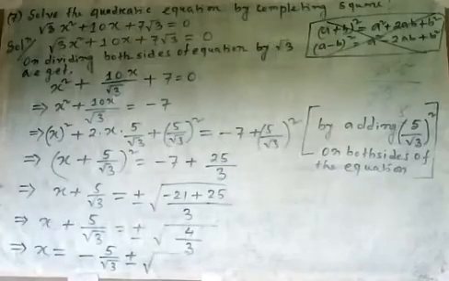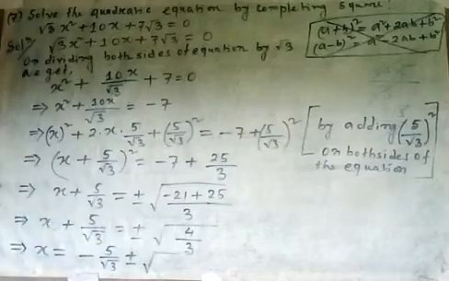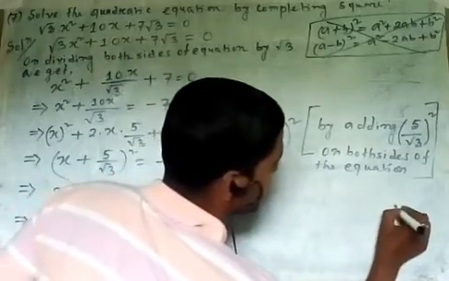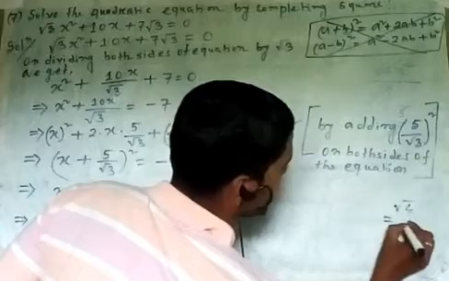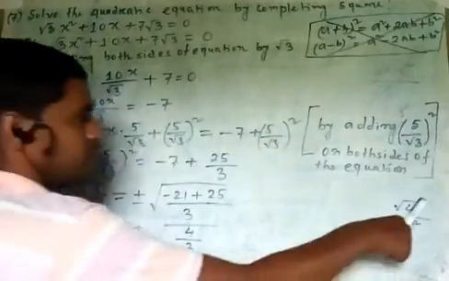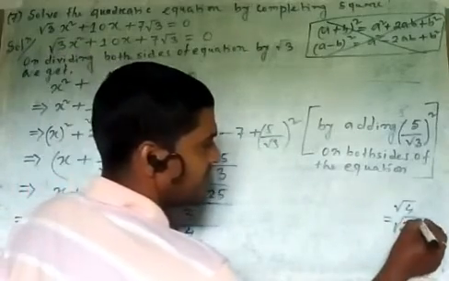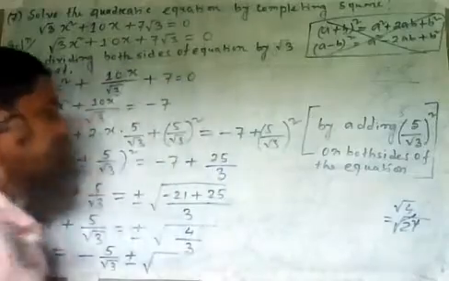Root 4 means what? Root 4 means 2. How? Look here. Root 4 means we can write root over 2 square, because 2 square means 4. Then square and root will be cancelled.